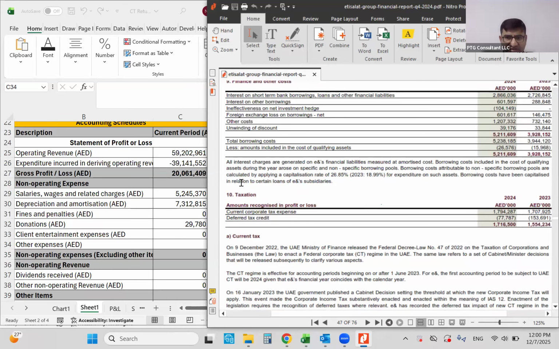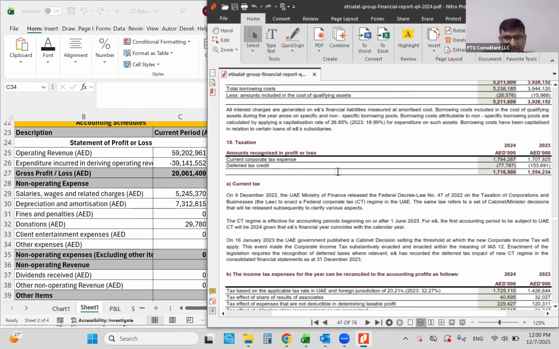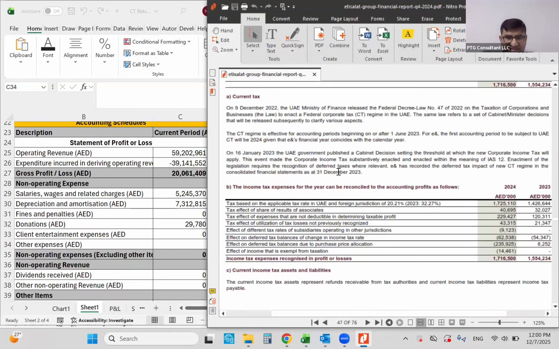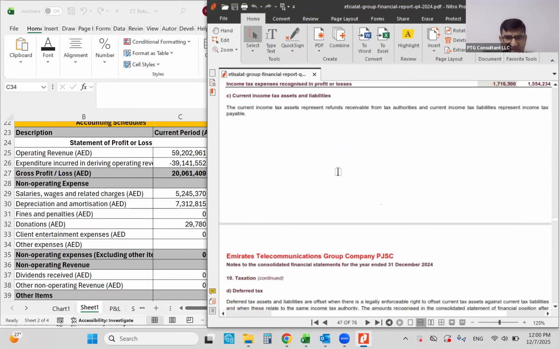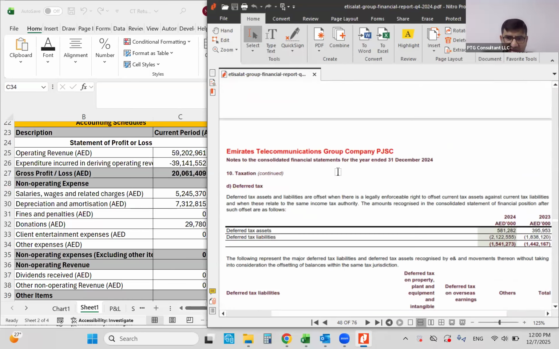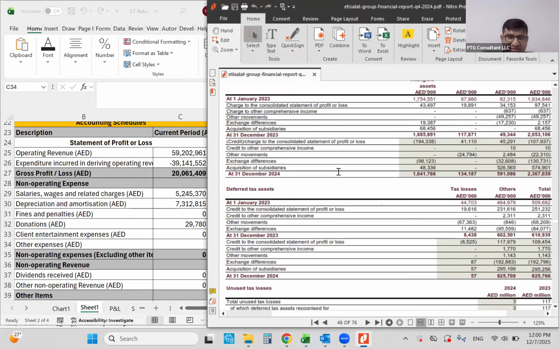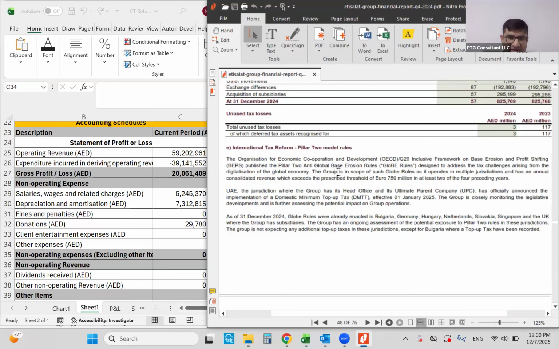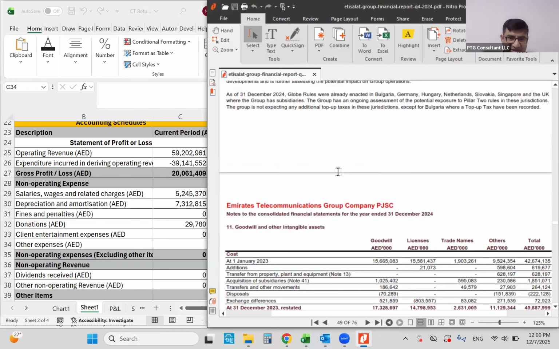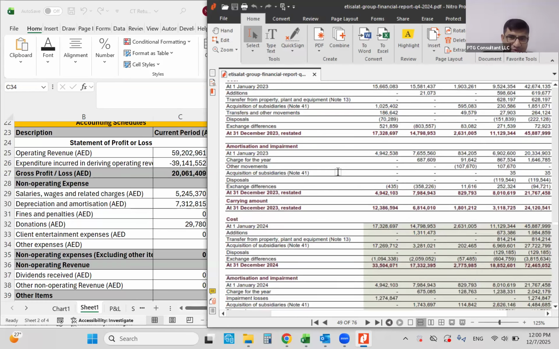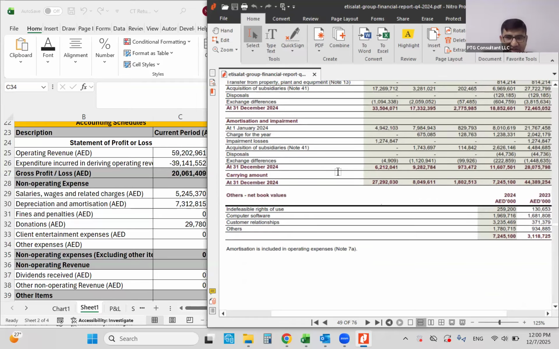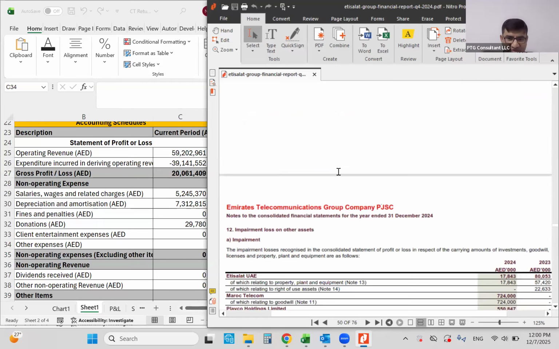Read the narration also. Here they have given the borrowing cost, taxation. Of course, it will not be more likely, because this is a listed company. So they don't have protocols in this fashion that commonly non-listed companies go.